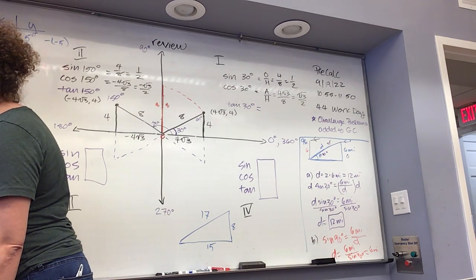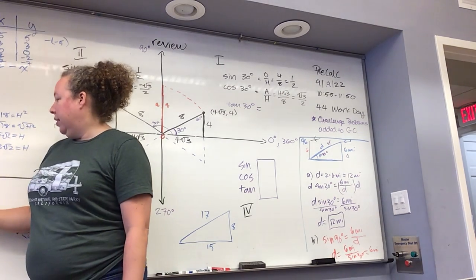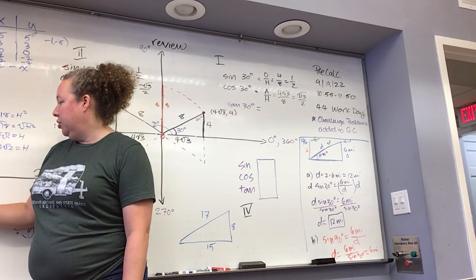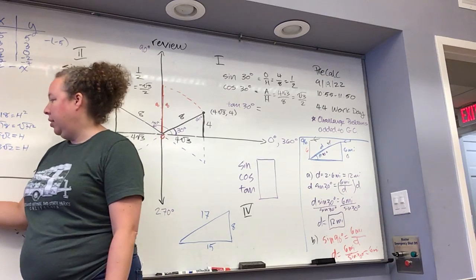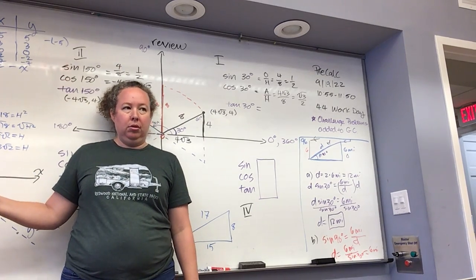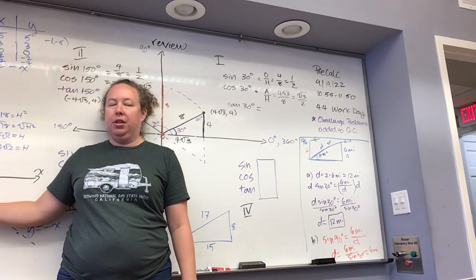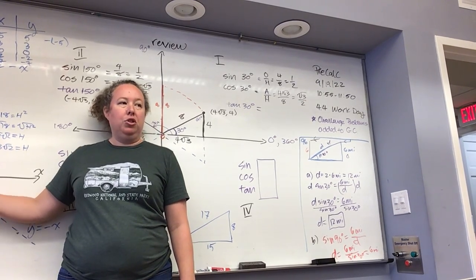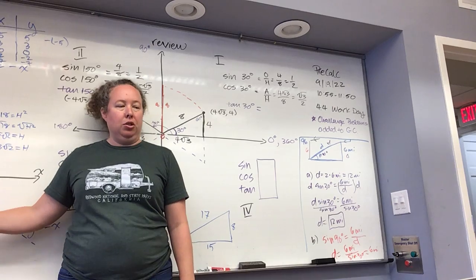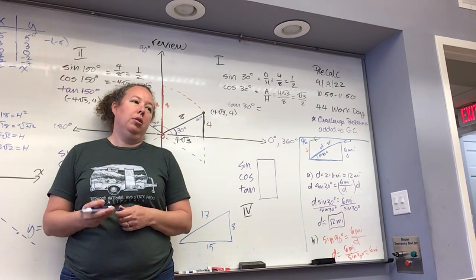Meaning that this again is going to create an isosceles right triangle. Because if this angle is 45, then to add up to 180, this angle has to be 45. And if the two angles are the same measure, then the two legs are also the same measure.